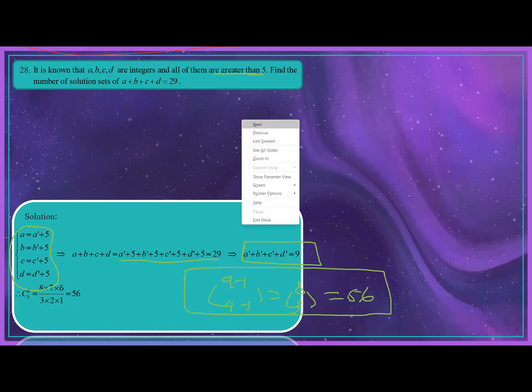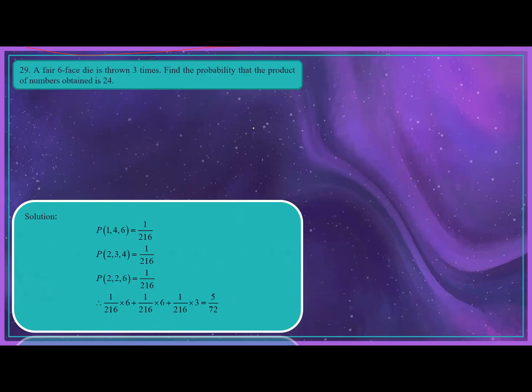Next, problem 29. A pair of 6-sided dice is shown 3 times. Find the probability that the product of numbers obtained is 24. Okay, so there are only 3 sets of numbers that will satisfy a product of 24. First is 1, 4, 6.